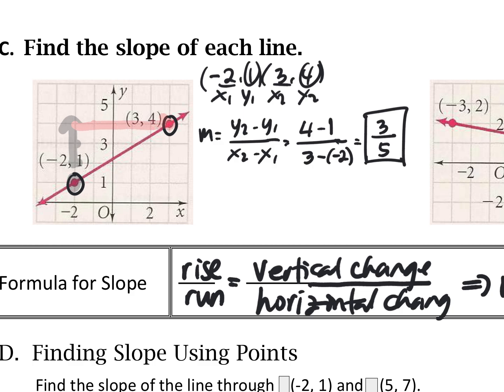So this is going to be 5 units, and this is 3 units. So that's where we can say the vertical change divided by the horizontal change.